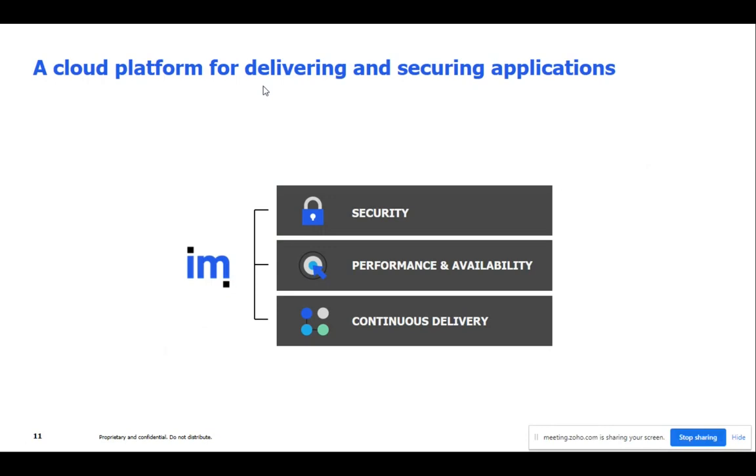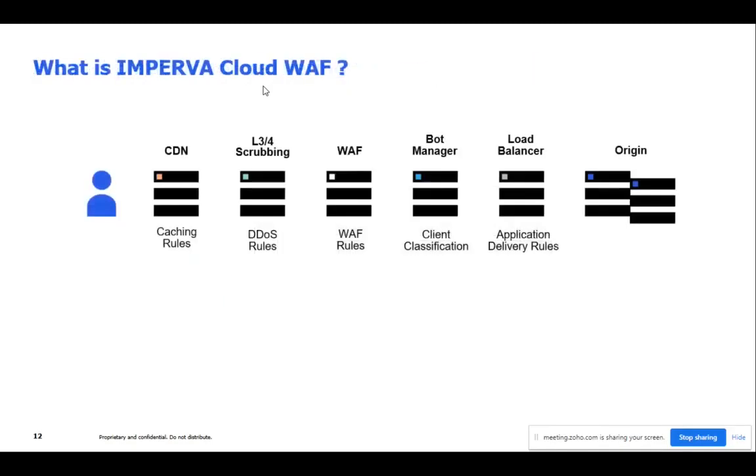So in order to have better security, better performance, and continuous delivery, Imperva Cloud offers the Cloud WAF as a solution, which is going to provide the entire security to the applications, maintaining the performance and complete availability with continuous delivery.